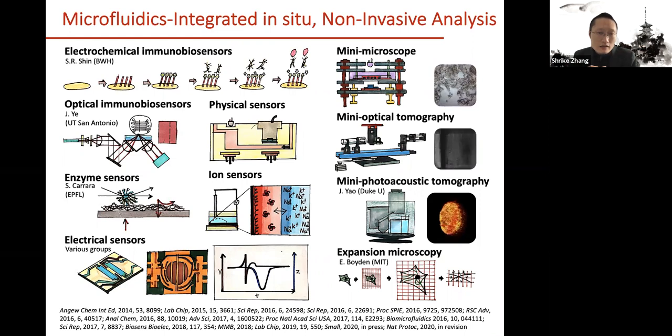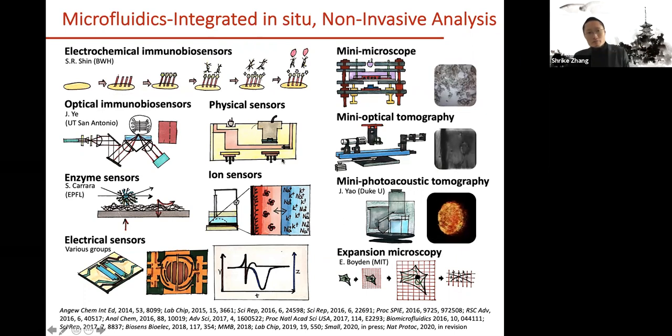So we have been also developing these different types of biosensors, of course, in collaboration with different groups to allow us to provide in situ, continuous and non-invasive analysis of biomarkers, for example, that are secreted by the cells, or electrophysiological behaviors of the cardiac tissues or neuronal tissues, and also a bunch of imaging techniques to allow higher content imaging capacity for these engineered tissue and organ models or their other versions.